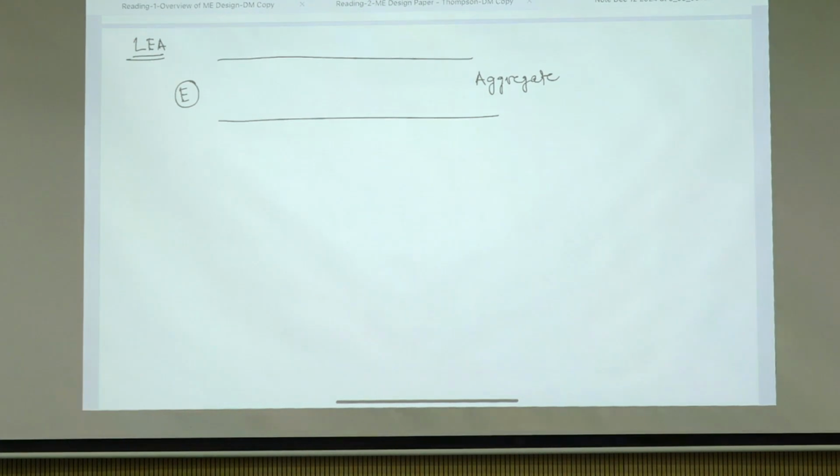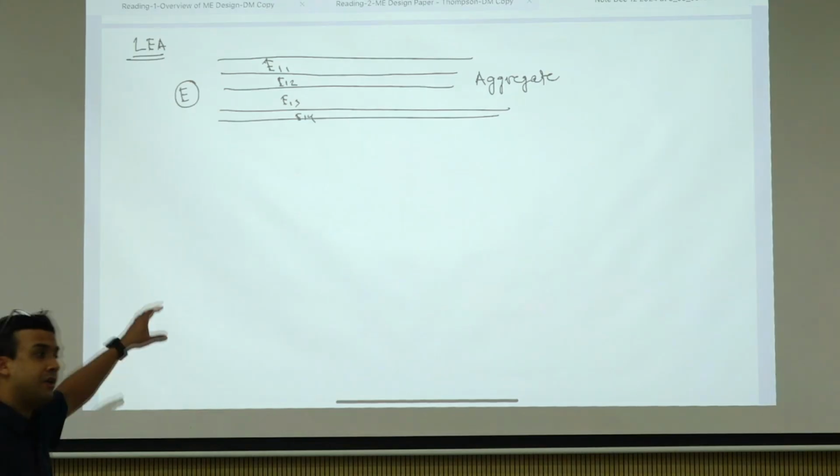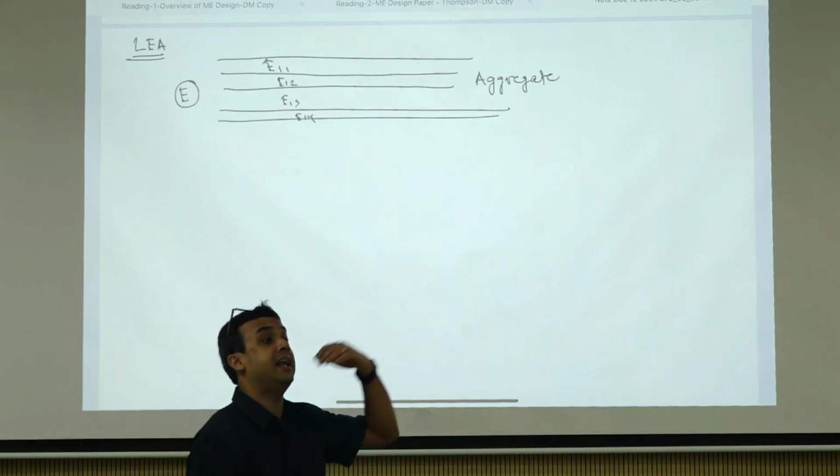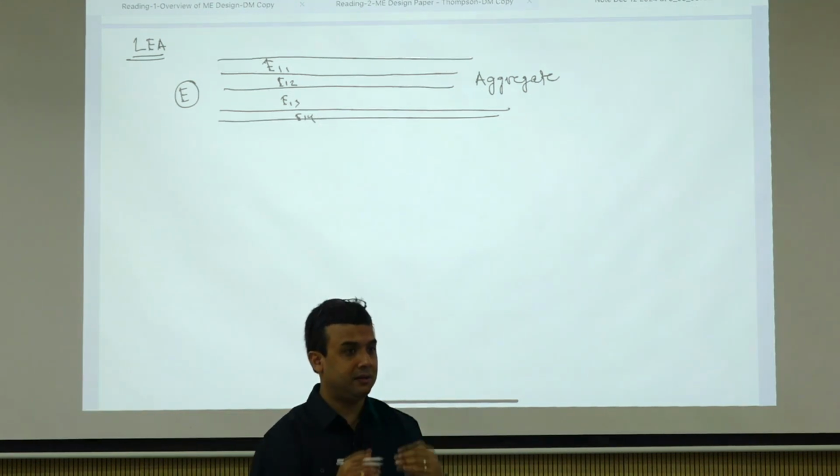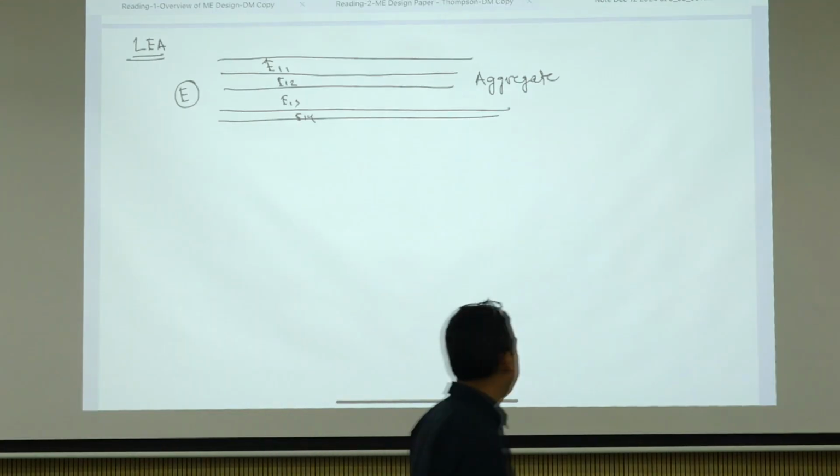Your layered elastic system allows that, and now you can do E1,1, E1,2, E1,3, E1,4 and so on, and then you can change the modulus in there. Near the surface, the aggregate is going to be stronger, so assign a higher modulus there. Below that, it can be lower. Slowly do that, right?